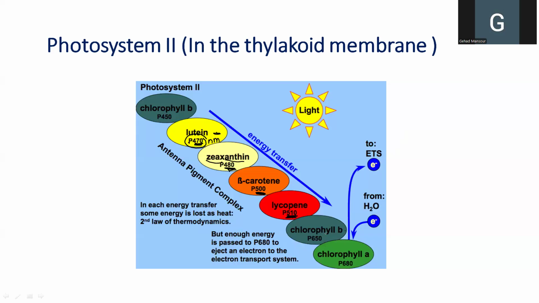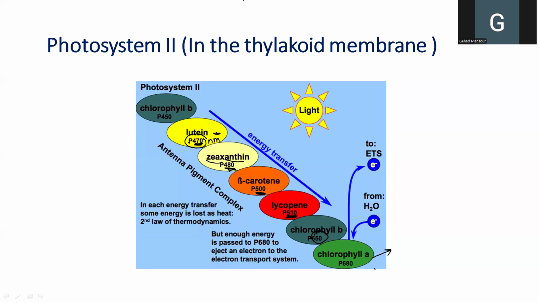And then we have chlorophyll B at 650, and then the reaction center, which is chlorophyll A, whose maximum absorption occurs at 680.